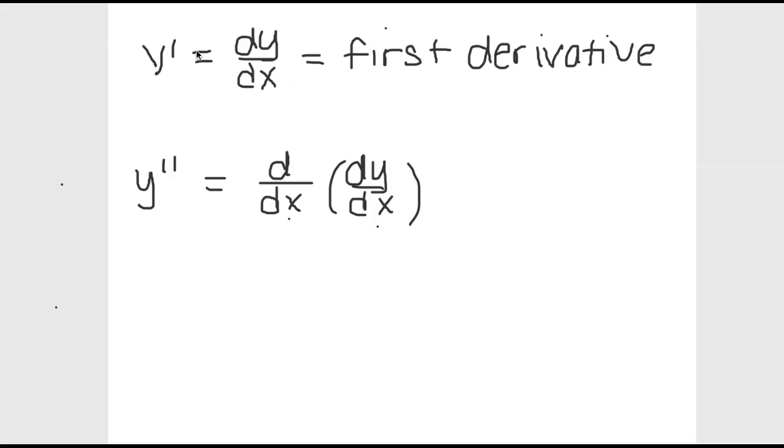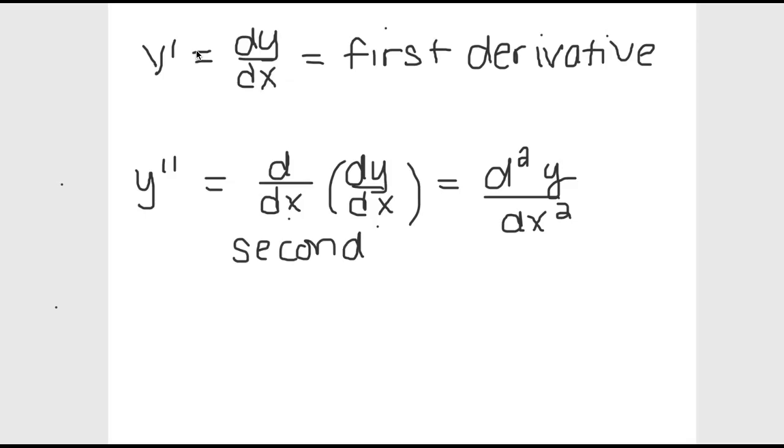Well, if you have the same variable times itself, that's like dx squared, right? And d times d is d squared y. So the notation in calculus for the second derivative is d squared y over dx squared. And again, that represents the second derivative.